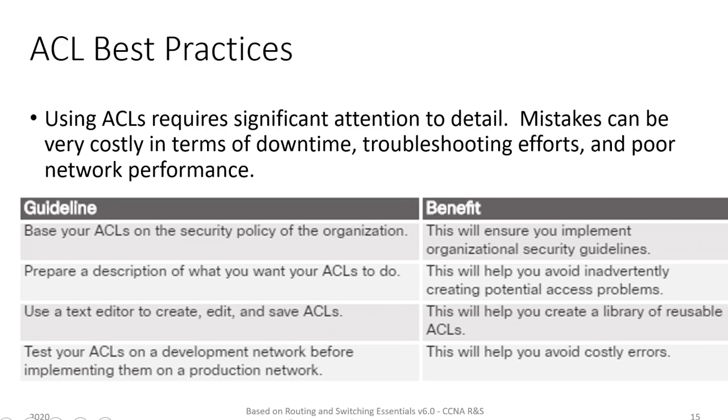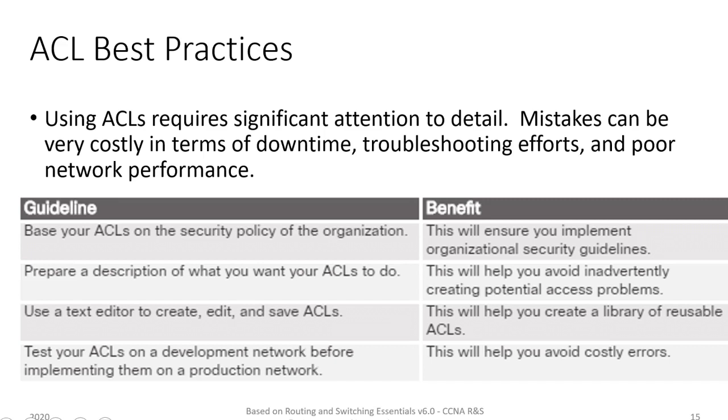As with any sort of implementation that we do in routers, we will have to check that the rules are properly created before we put them into the network. One of the main reasons is that ACLs can block traffic, and they can significantly impact the performance of the network.